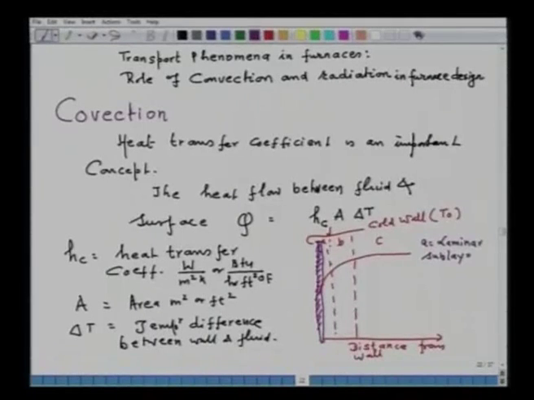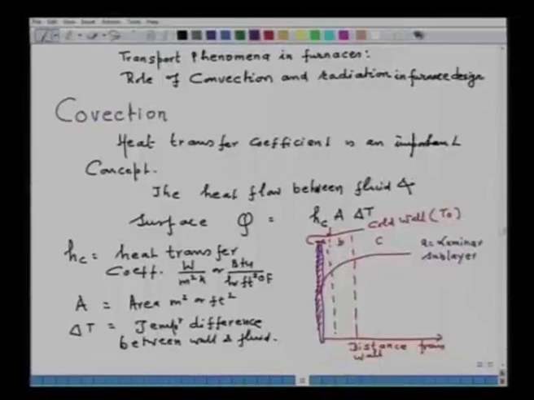As you know from the characteristic properties of fluid flow, as the fluid comes in contact with a wall, the fluid in the immediate vicinity of the wall will have very low velocity, and its velocity will continuously increase as you move away from the wall.